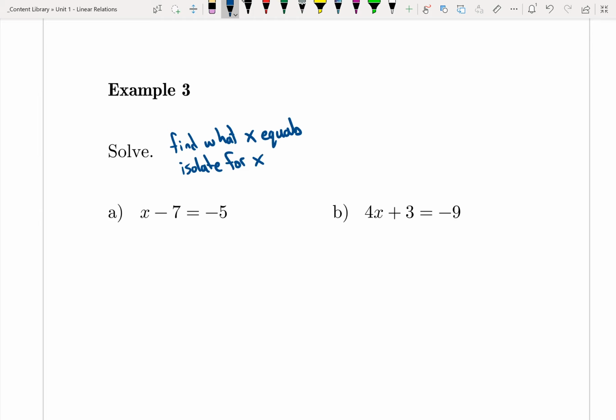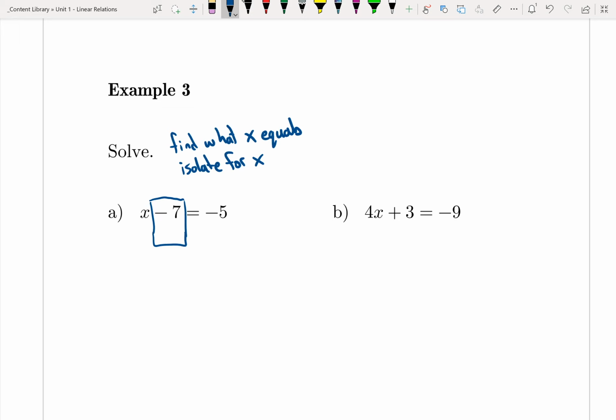So if I look at my first example, x minus 7 equals negative 5. Again, this may be something that's straightforward. You might be able to look at it and figure out what x actually equals. But if not, we have to work through it using algebra. So if I want to get x by itself, I'm going to put a bracket, or a box, around this negative 7, because that's what I want to get rid of.